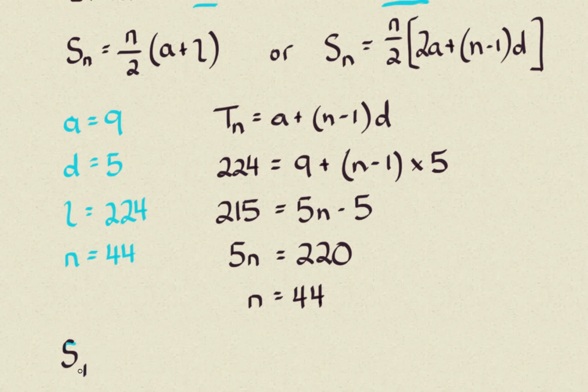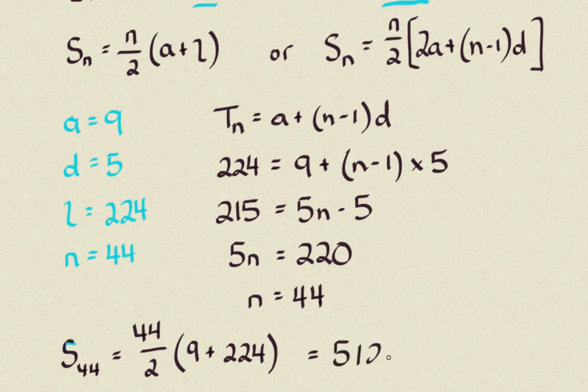N is 44. So the sum of the 44 terms is 44 on 2 multiplied by 9 plus the last term, 224. And when we compute all of this, we get 5,126.